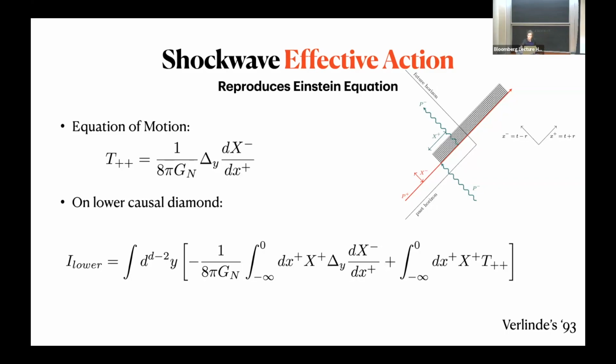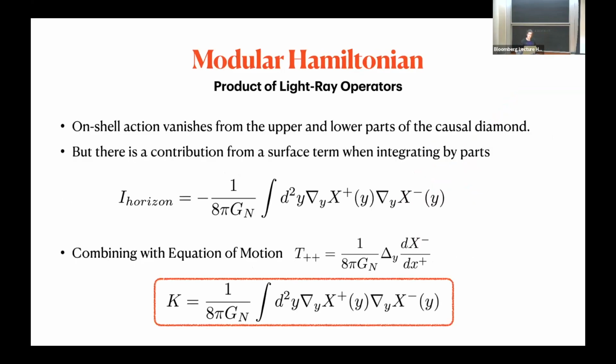However, there is a contribution from a surface term. And that contribution from the surface term that appears when integrating by parts looks like this. So now the term that you get has this minus sign, it has a 1 on 8 pi G Newton, and depends on these transverse derivatives.